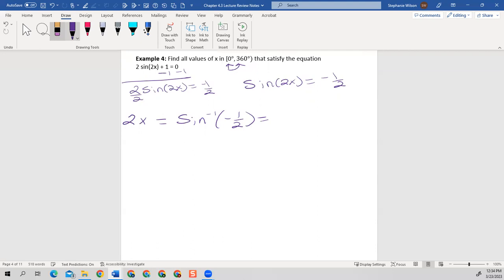So it should be -30. I'm just going to double check. And I get in radians, I get -pi over 6, which is in radian mode. So make sure y'all are in degrees mode since we are working with degrees. It's -30 degrees. Yes, good deal.